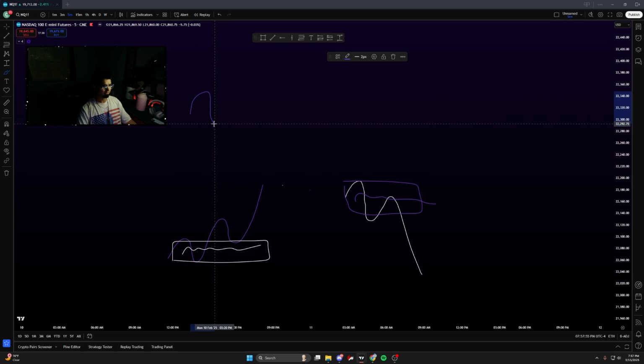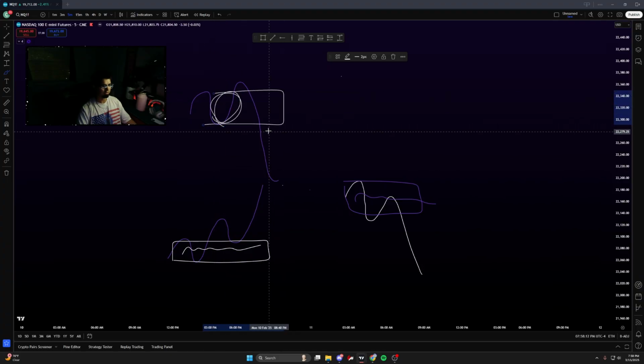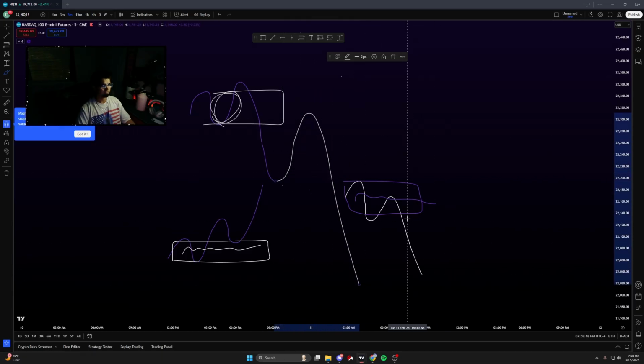Then our low made, right? And then a higher high made, right? And then an even lower low made. And that's what makes this area right here our order block. This movement up right here is our order block. And we can expect price to then come back into this order block and make an even lower low.